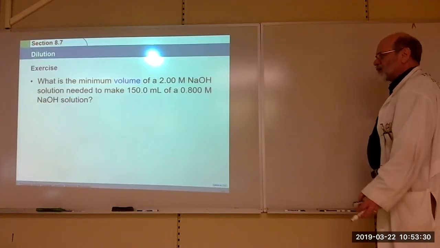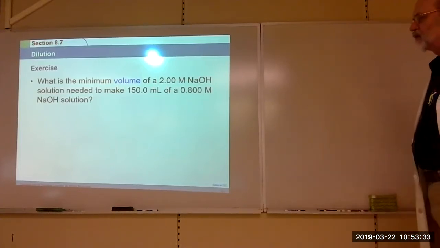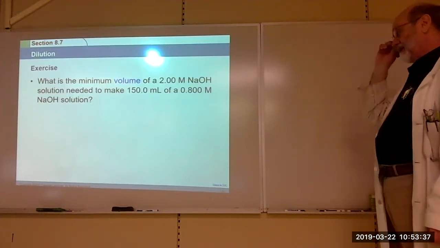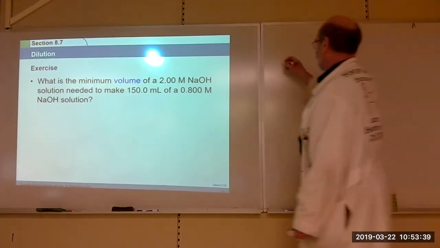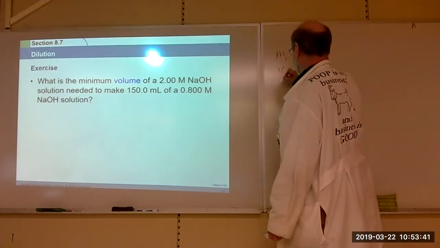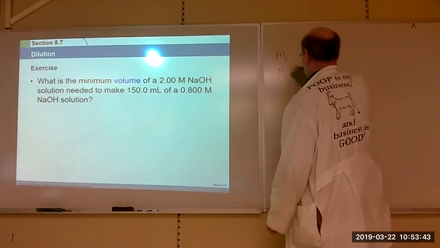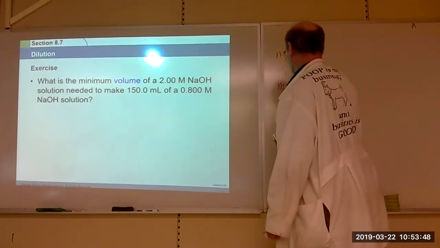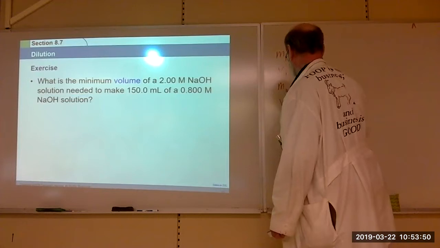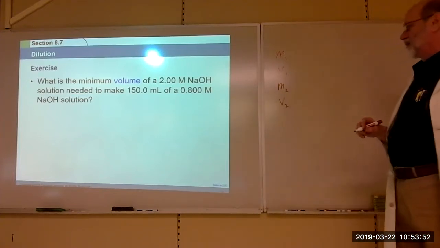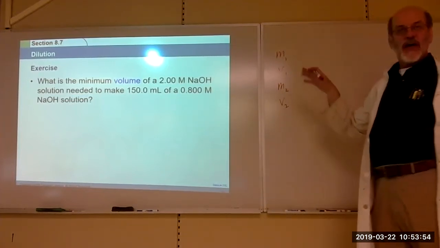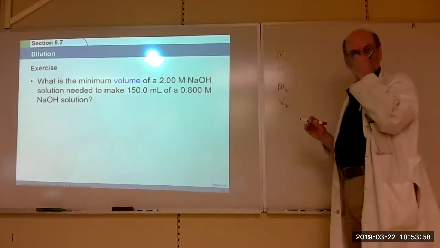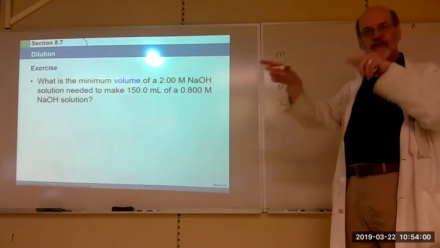What's the minimum volume of a 2 molar sodium hydroxide solution needed to make 150 mL of 0.8 molar sodium hydroxide? Okay, so what I like to do, especially with these word problems, is set up my chart on one side and pick the information out of the problem so that I don't put it in the wrong place in my formula.